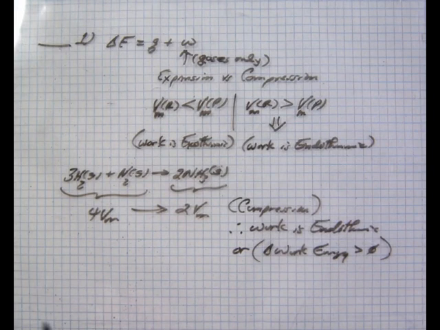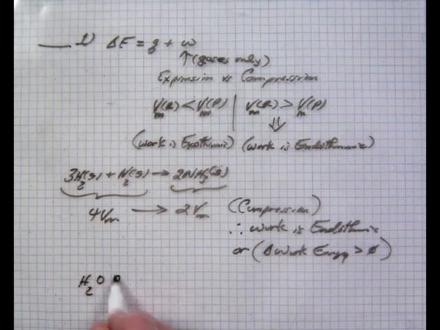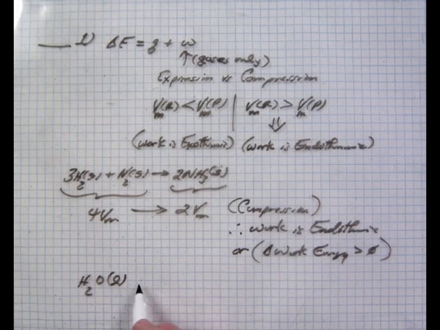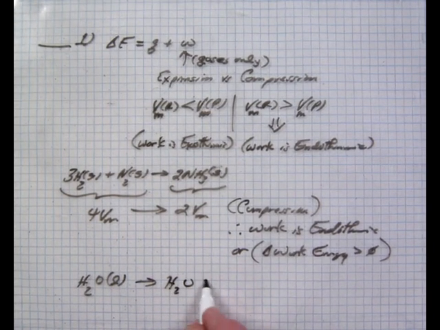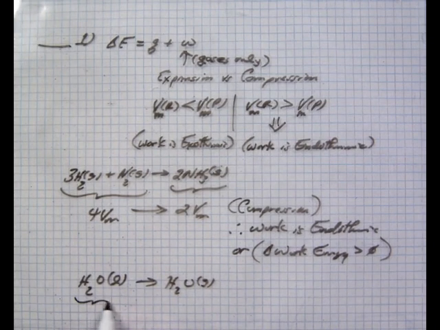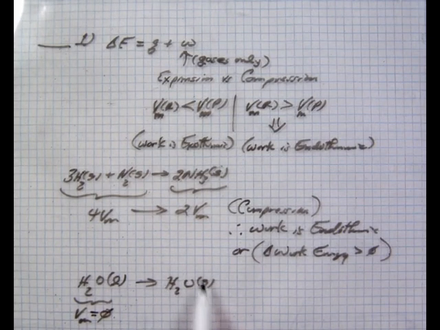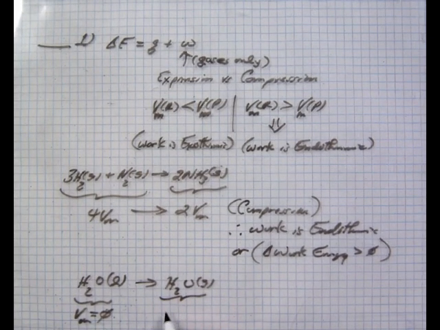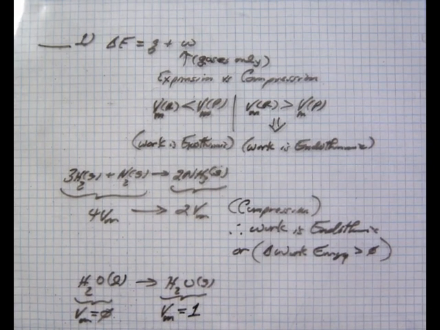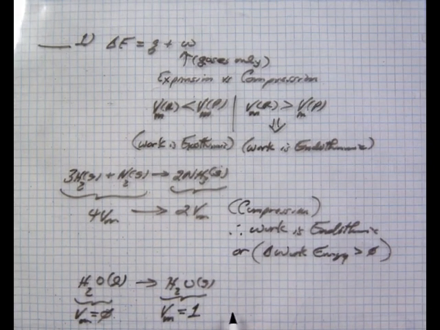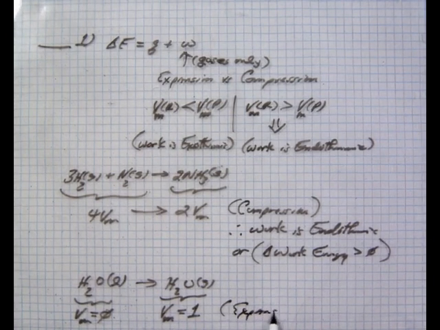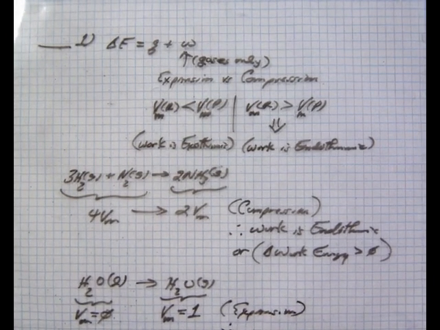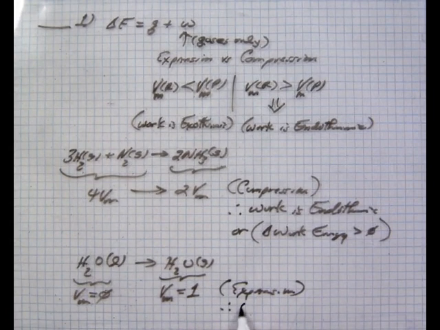And the one in the quiz is water expansion. If we start out as a liquid and go to a gas, the molar volume here in the liquid is 0. But here we have 1 mole of water vapor, if you will, and so that is a molar volume equal to 1 unit. So that's an expansion, and therefore work is interpreted as exothermic.